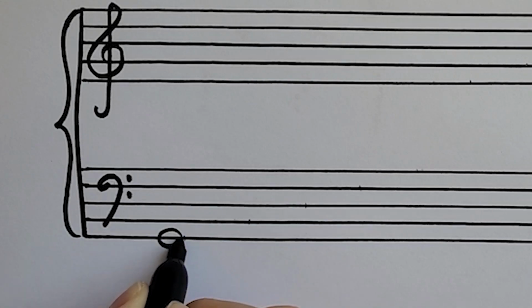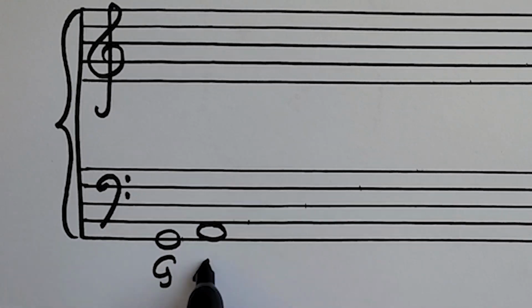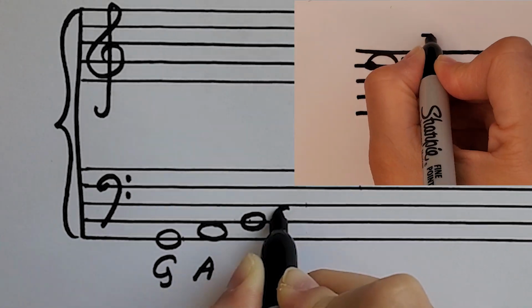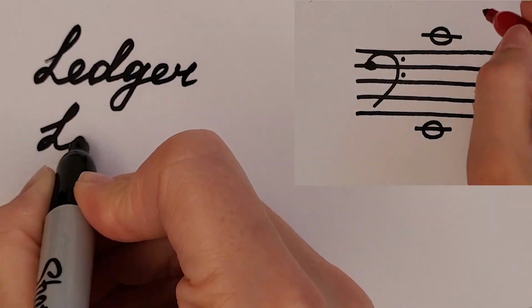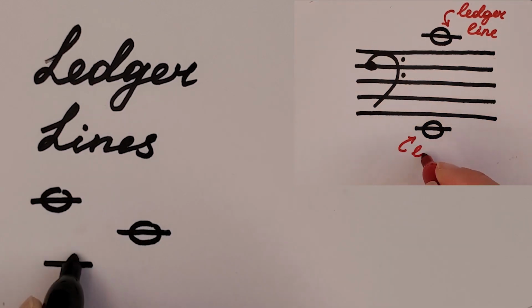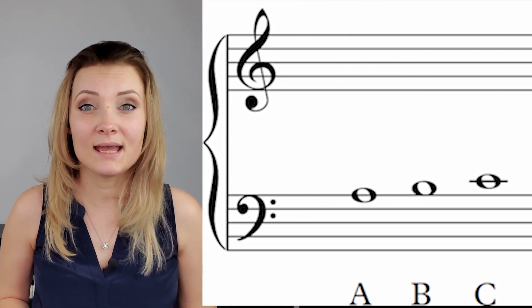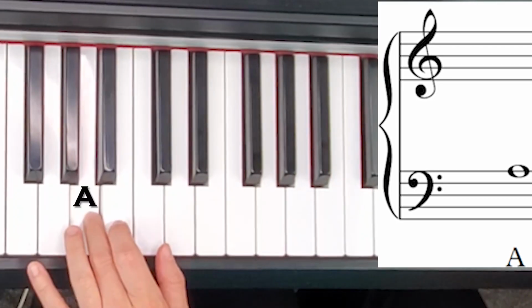Just like we were going up starting on G of the bass staff, line, space, we continue on with the help of ledger lines. After the fifth line A, we have B, C, and D.